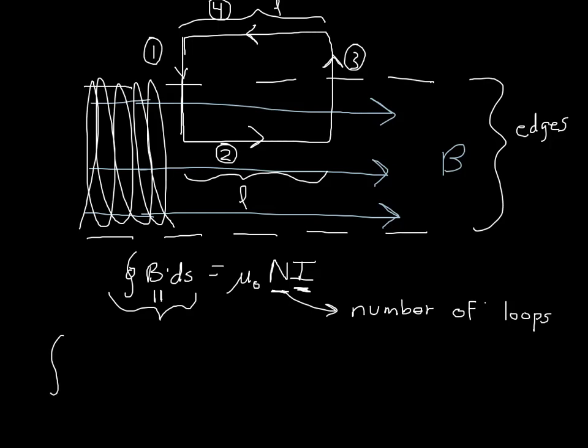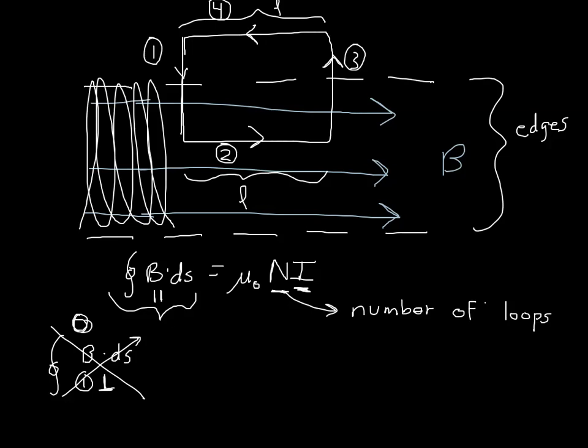It's going to be equal to the integral of the magnetic field in segment 1 dot ds. The magnetic field in segment 1 is perpendicular to the magnetic field that I'm actually inside of. I'm going up and down, and my magnetic field is going left and right. I'm perpendicular, so the parallel component is going to go away. So that's going to be 0.